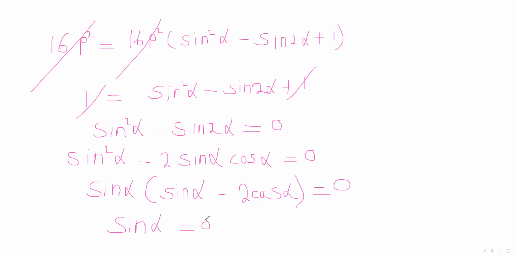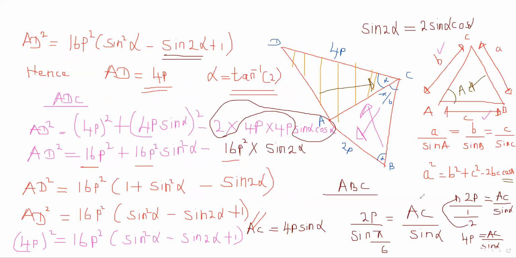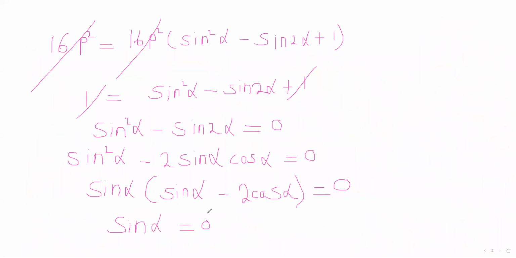But careful. Alpha is a certain angle. Can it be 0? Think a minute. If alpha is equivalent to 0, it is not an angle, right? So alpha is greater than 0. In the previous question itself, they have given that. Therefore, sine alpha cannot be equivalent to 0.